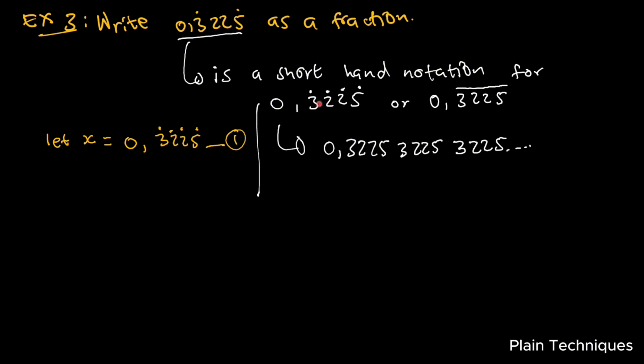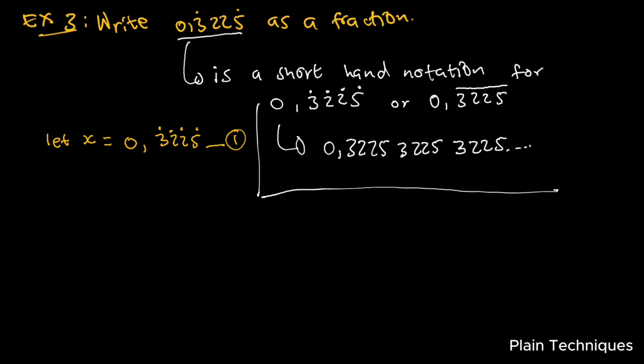How many recurring decimals do we have here? We have 1, 2, 3, 4. So that means we have 4 zeros. So to get equation 2, I am going to multiply the first equation by 10,000, 4 zeros.